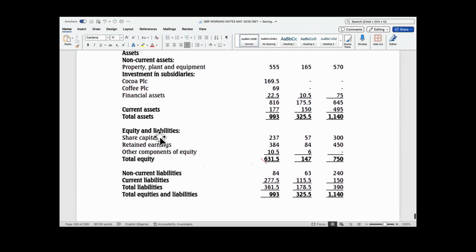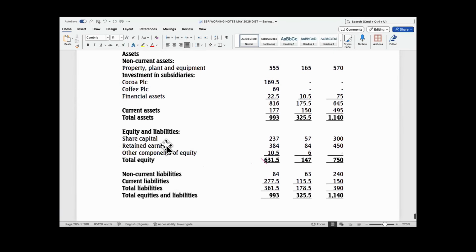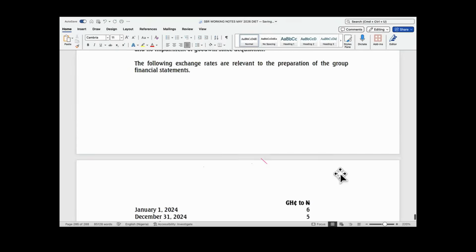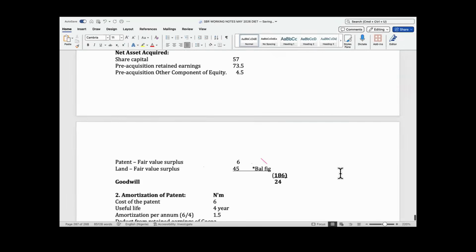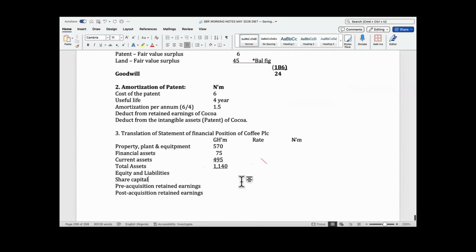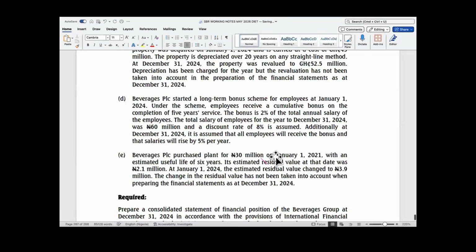If you look at the share capital and retained earnings, share capital is 300, retained earnings is 450. So they already gave me the split. They gave me the pre. So I knew that I need to split it. The foreign subsidiary does not have any other component of equity. So let me do 300. Share capital is 300 Ghana cedis. This is 450. So how much of it is pre in note 2?